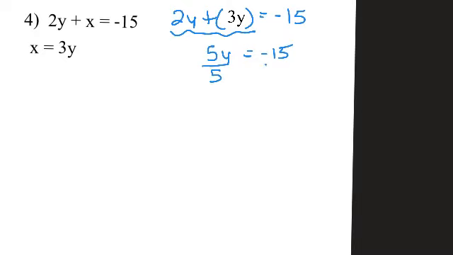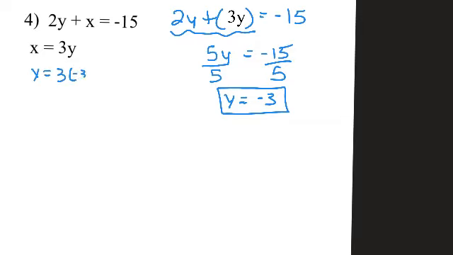The variable this time is y. We're going to solve for y, and y is equal to negative 3. Step 5, substitute the newly found value for y back into one of the original equations. We're going to use x is equal to 3 times y. And what is y?